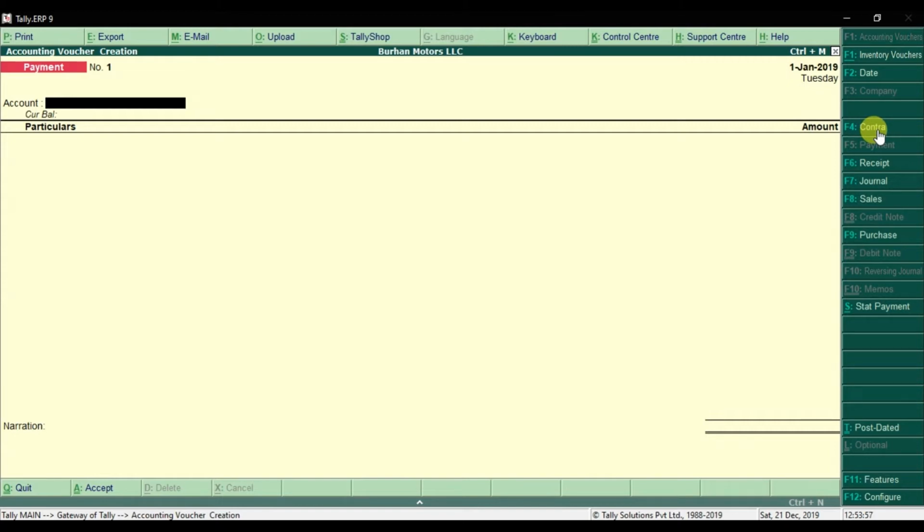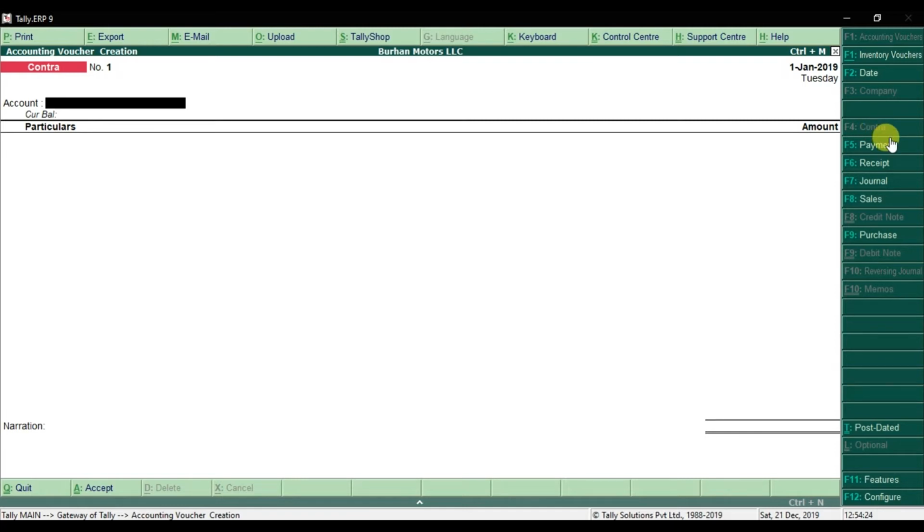I said the debit and the credit side is cash, petty cash or bank, if you are recording a contra voucher.